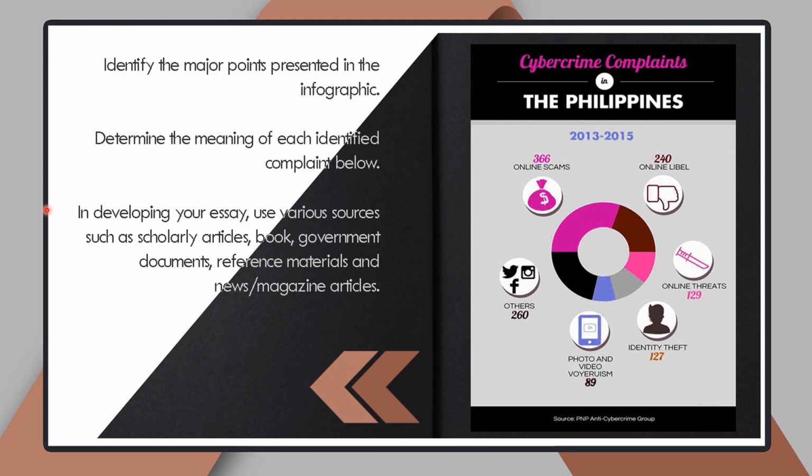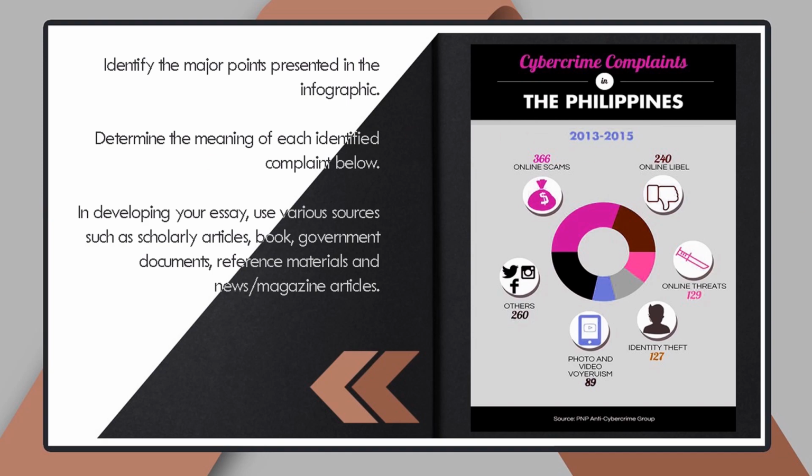What's your task in writing the 3 to 5 paragraph essay? Identify the major points presented in your infographic. So, what are the major points there? And then determine the meaning of each identified complaint below.